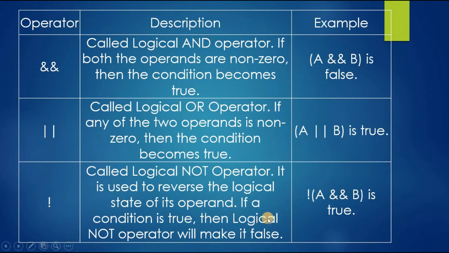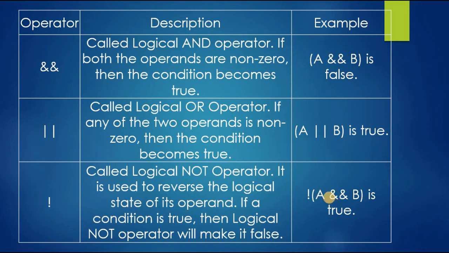Let's see the example. In the example, we are combining the NOT operator with the AND operator. First we check the condition for the AND operator, then we convert that condition using the NOT operator. For the AND operator, we already got the result as false according to the rule of the AND operator.